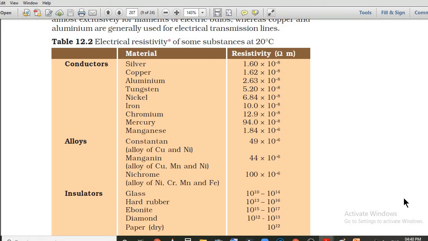We need to use resistors, otherwise excess amount of current can enter into the instrument that can damage that electronic instrument. So we also require resistors.